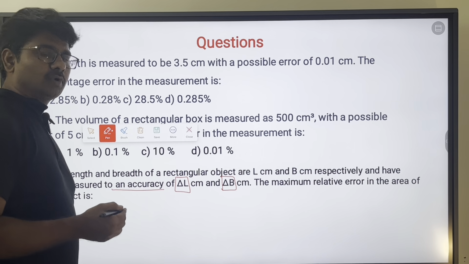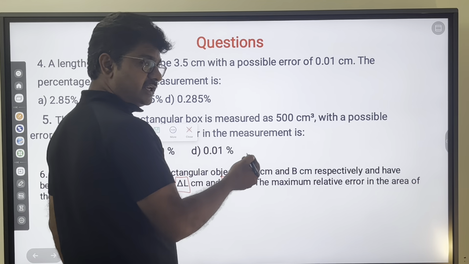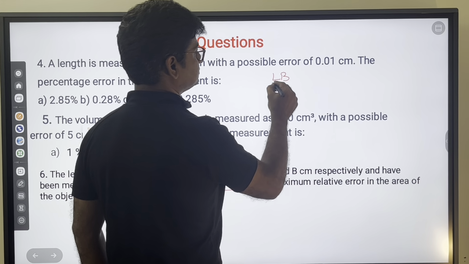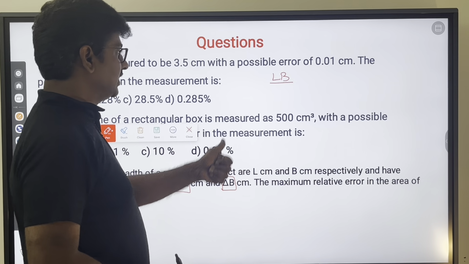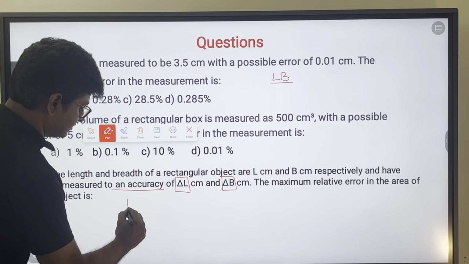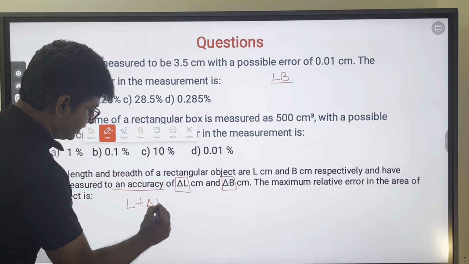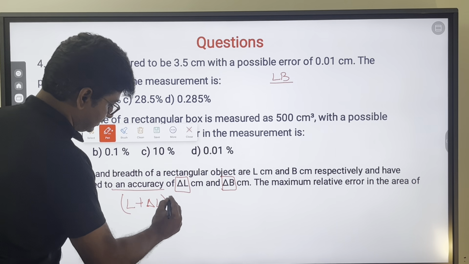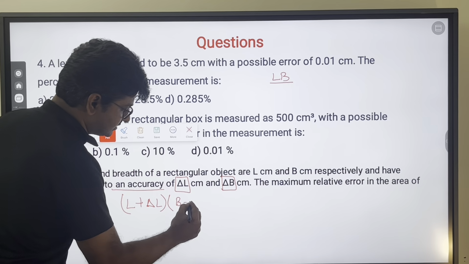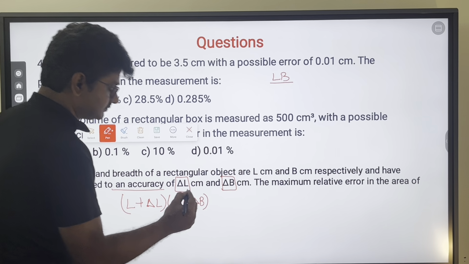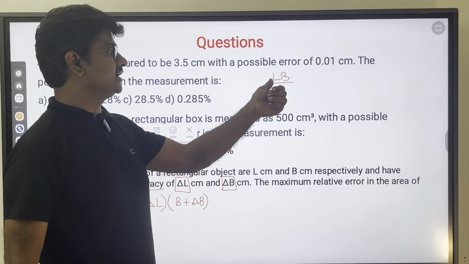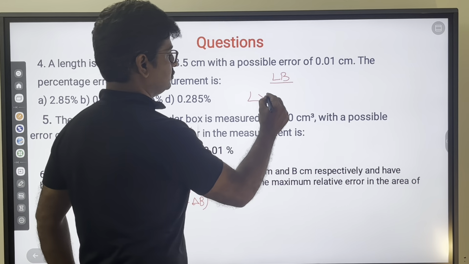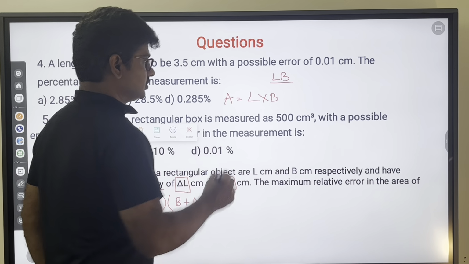So what is the error in the area? What is the area of a rectangle? Area of a rectangle is L into B. Instead of L into B, what we are getting is L plus delta L, or it can be L minus delta L also, we can take either way, and B plus delta B. Area should be L into B, this is the actual area.